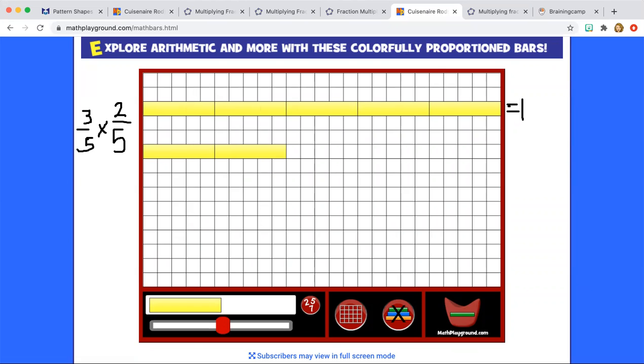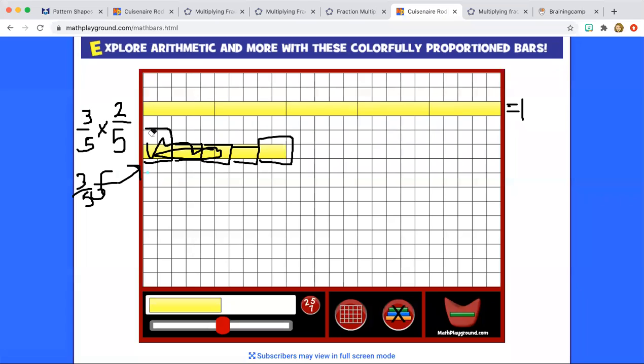And now we want to cut this up into 5 equal pieces. 1, 2, 3, 4, 5, 5 equal pieces. And now how many, right? We want 3/5 of that. So we want 1, 2, 3, right? We want those 3. And now I know that's really ugly.